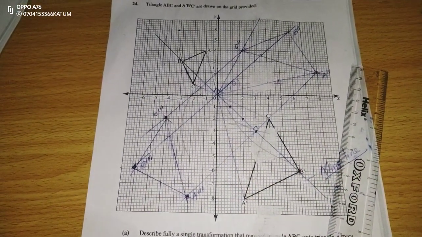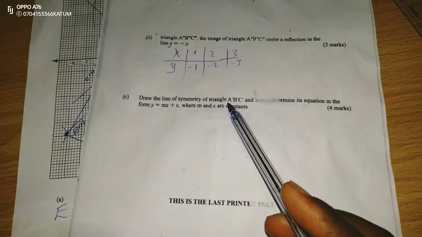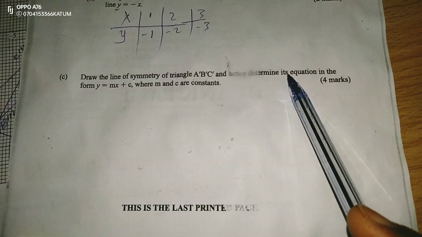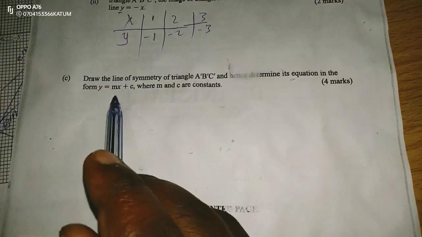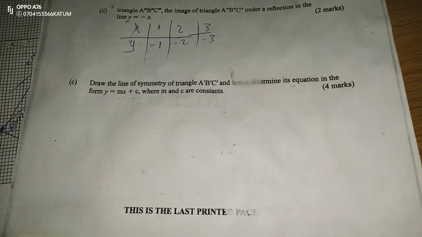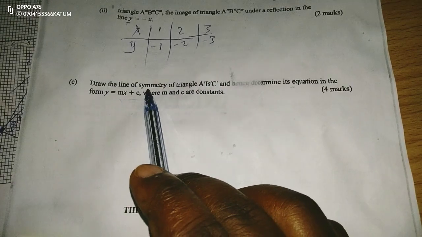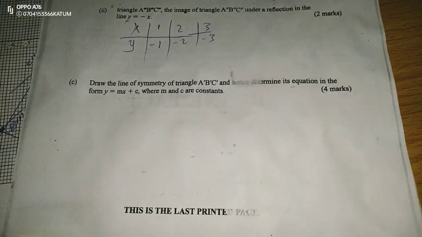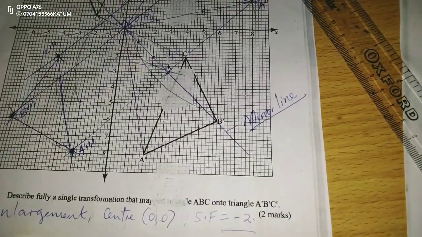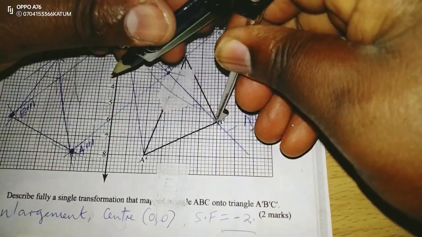Finally, we are told to draw the line of symmetry of triangle ABC and hence determine its equation in the form y equals mx plus c, where m and c are constants. The line of symmetry is the line that will divide ABC, the first image, into two. Standing at B, we can bisect the angle so that the triangle will be divided into two.